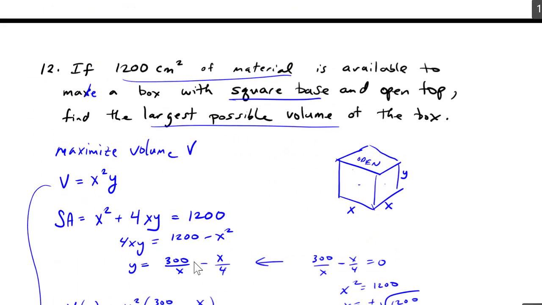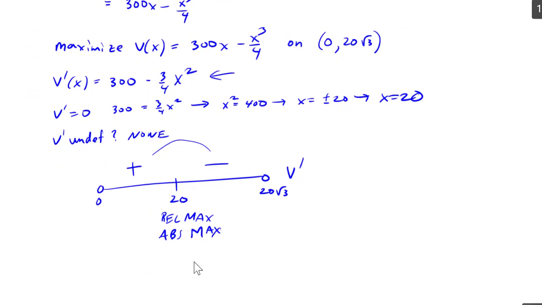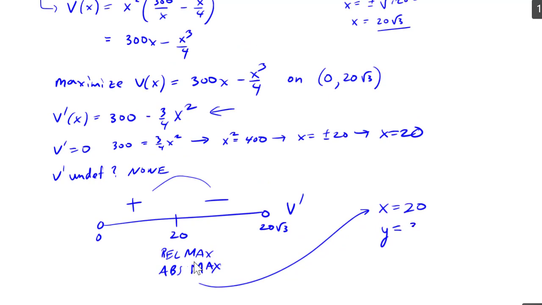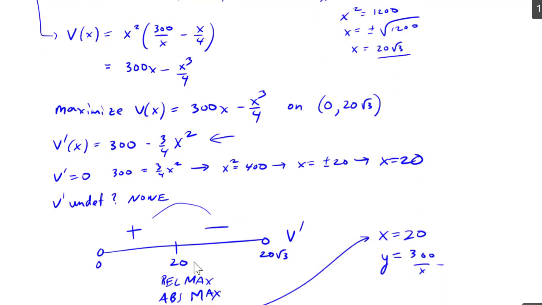All right, and so what are we supposed to find here? Find the largest possible volume of the box. All right, so this means that we would want x of 20. y then becomes 300 over x minus x over 4.